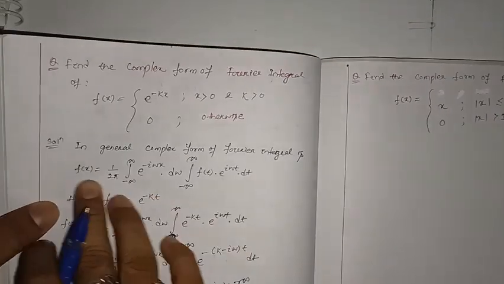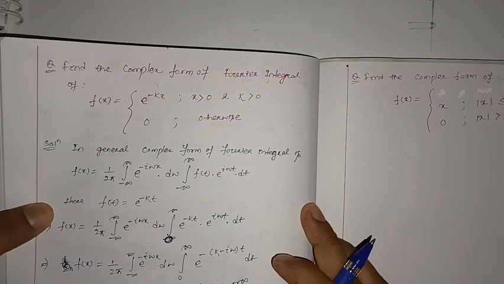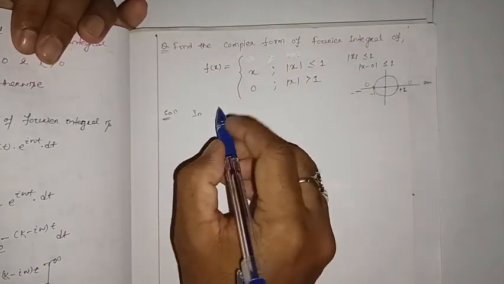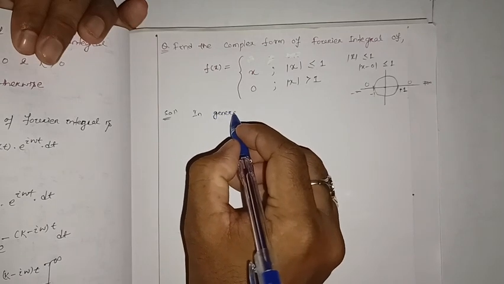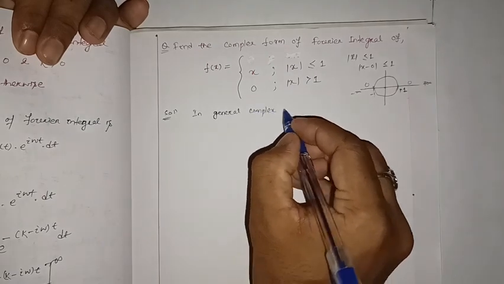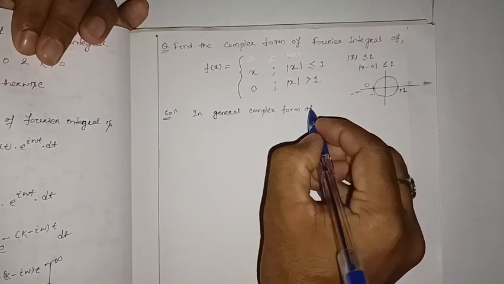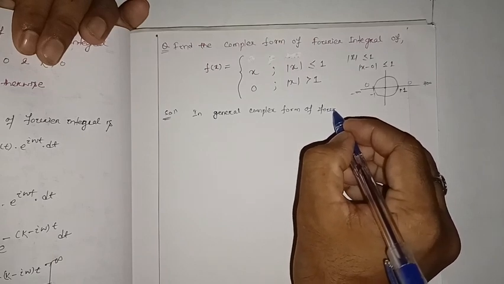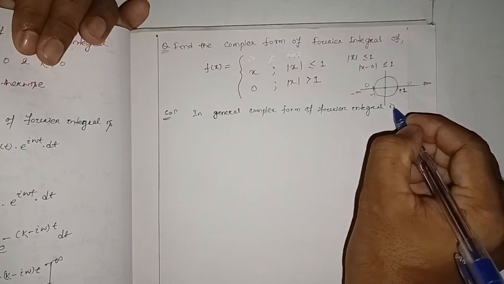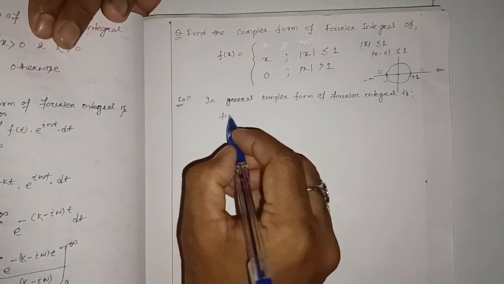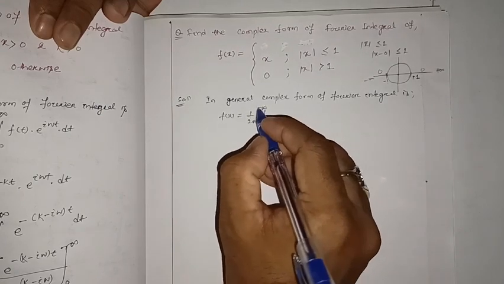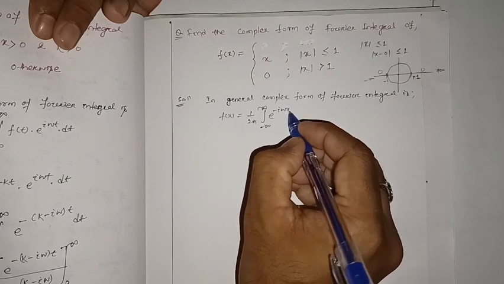First we have to write the general form of the complex form of Fourier integral. Solution: in general, the complex form of a Fourier integral is f of x equal to 1 by 2 pi, integral from minus infinity to plus infinity of e to the minus i omega x, times integral from minus infinity to plus infinity of f of t into e to the minus i omega t dt.